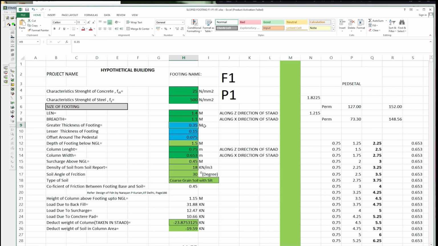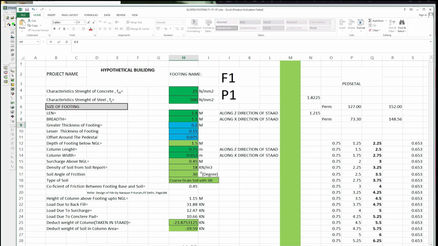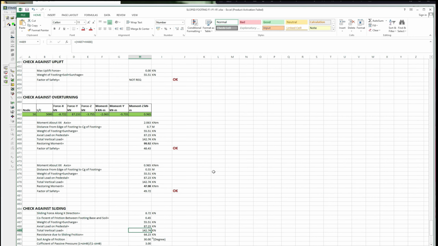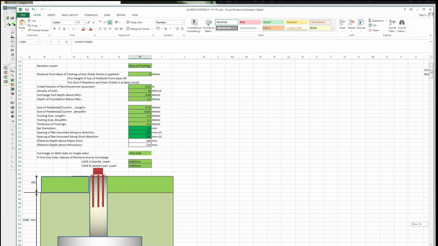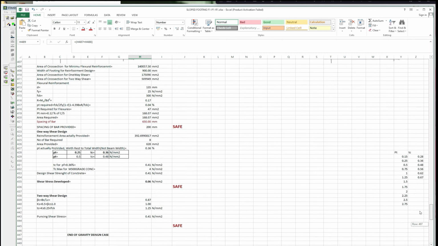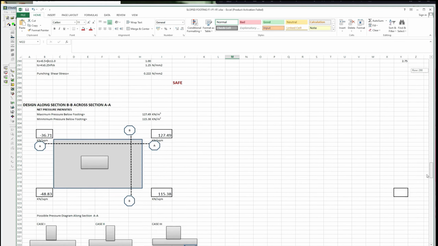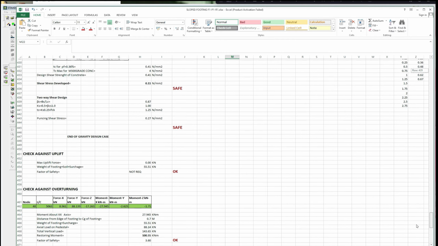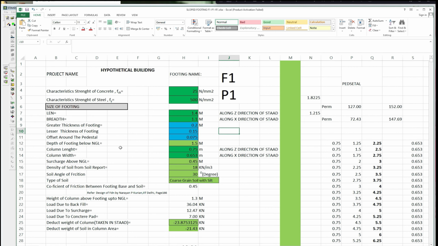Let us make it 0.15 and let us make it 0.2. So the footing is safe.